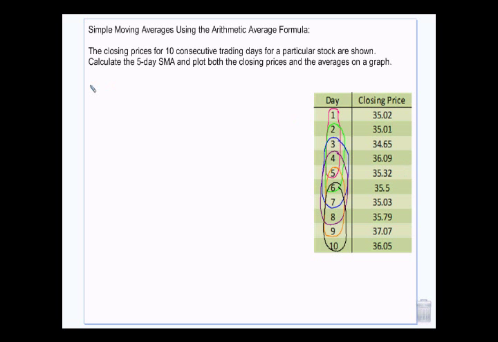So I'm going to start with our first 5 days, which was pink. Okay. So I'm going to take those first 5 days and add them up.